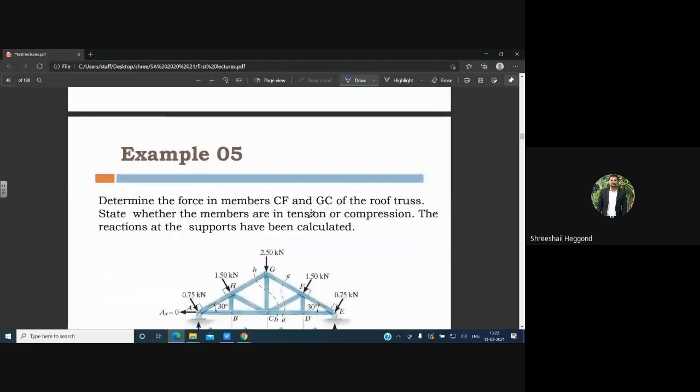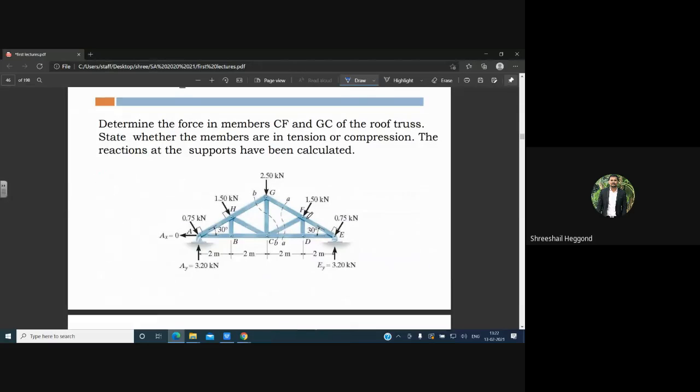Just note down an example of how you need to draw this section and how you need to calculate the member forces. This will be an example for a truss structure. Determine the force in the members CF and GC of the roof truss.